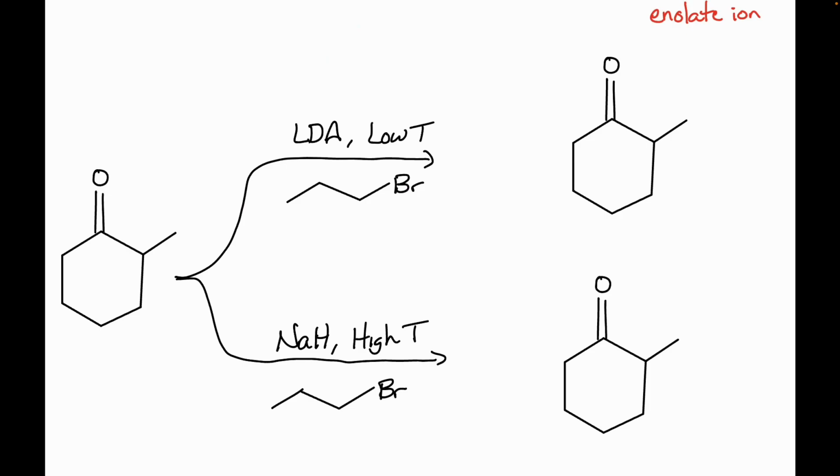All right, so we got these two alpha carbons. The more accessible one is going to be favored under these kinetic conditions, and the more substituted one is going to be favored under the thermodynamic conditions. So we'll get alkylation on the left-hand side at low temperatures and alkylation on the right-hand side at high temperatures.